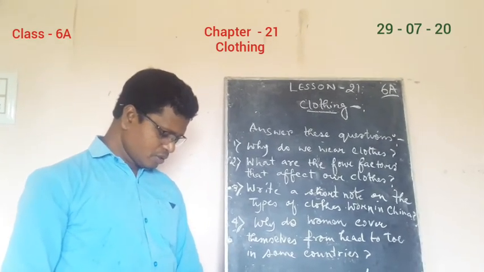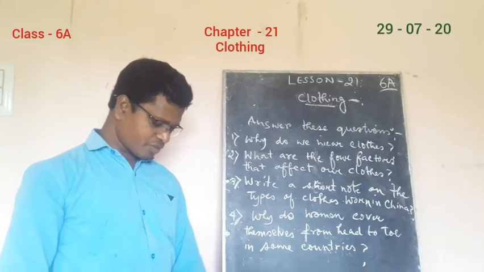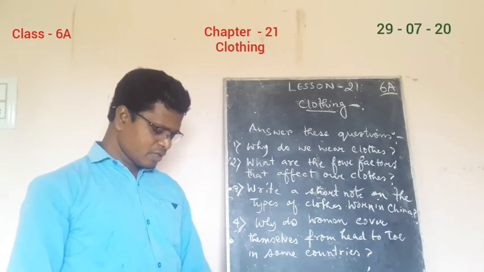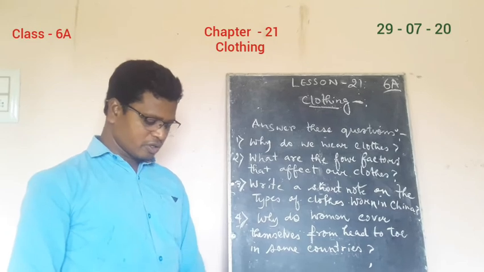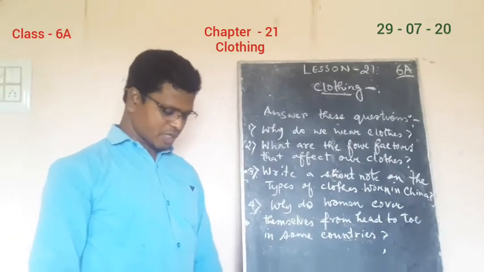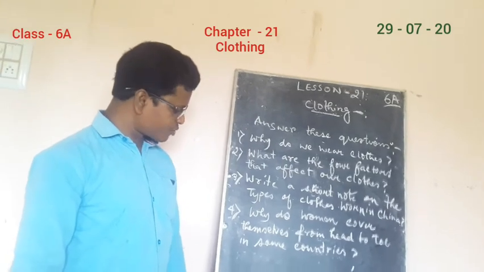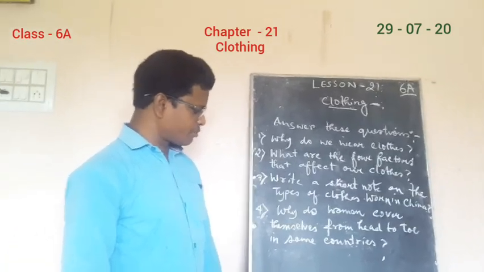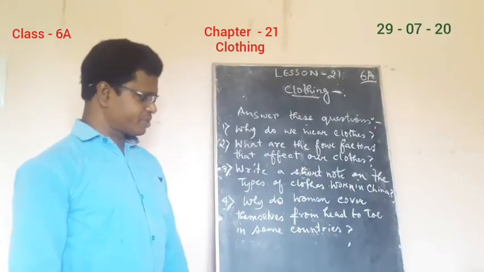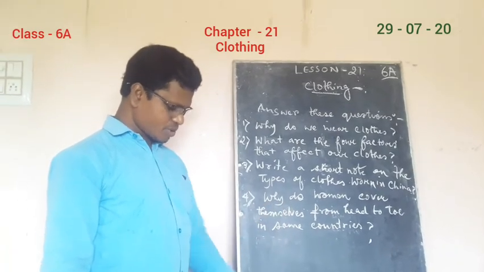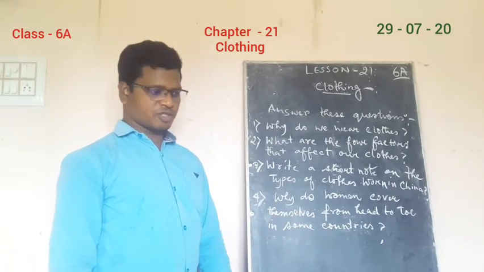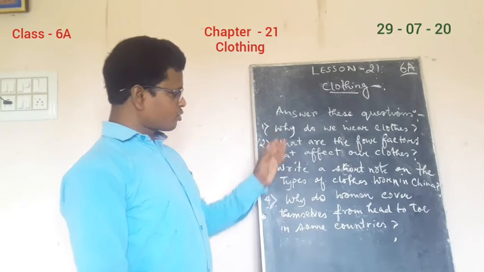In ancient China, the clothes that people wore indicated their social status. Those are the points you are supposed to write. Next we have, why do women cover themselves from head to toe in some countries? For this answer you have to write the last point. So please write down all this.